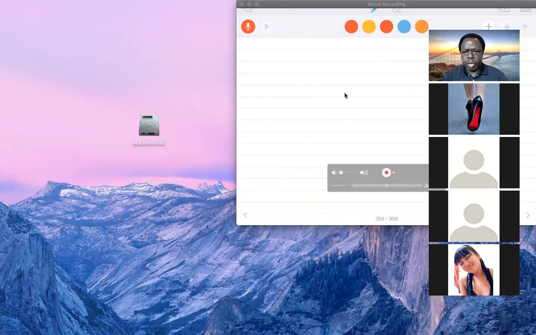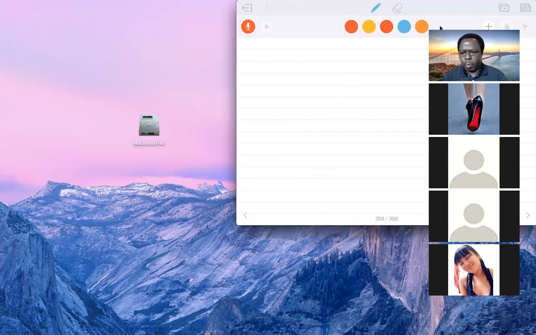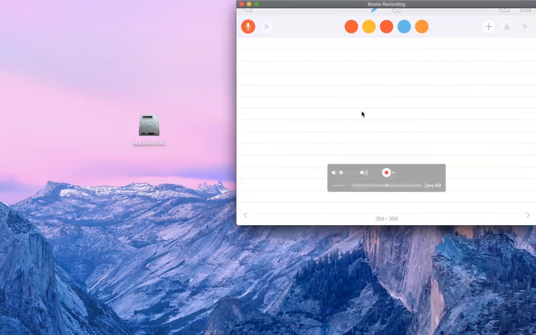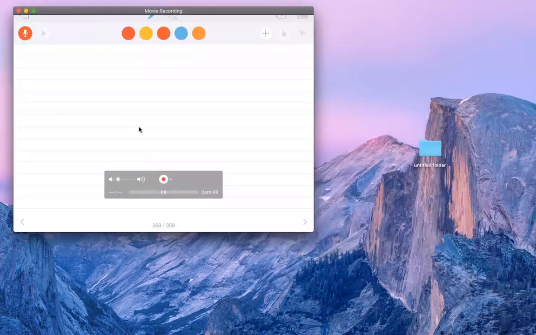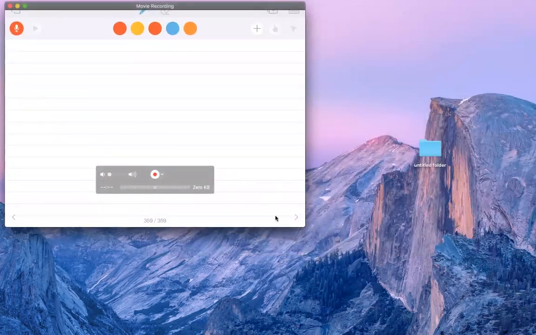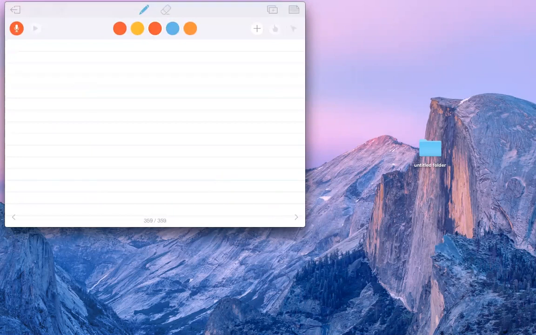Let me share my screen here and use the whiteboard to write some notes regarding the topic or the title of the experiment today.